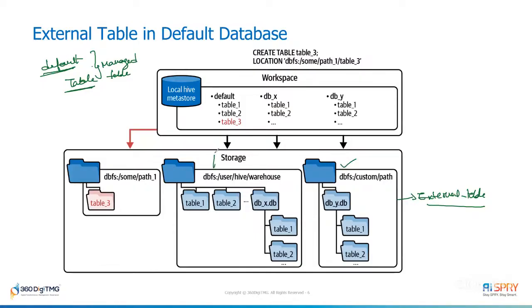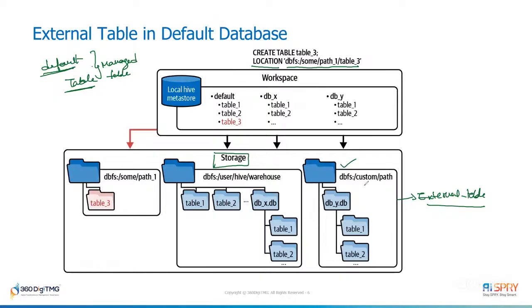This storage is internal to Databricks. Within this storage, if you want a separate partition, you can create one by saying location. I want to create table 3 in the location, and you give the path within your database file system, some folder name, that's it.